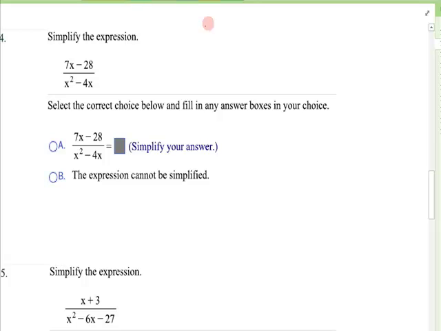Let's look at number 4. I have 7x minus 28 over x squared minus 4x. The numerator, I see a GCF of 7. If I factor out the 7, it goes into 7x x times. 7 goes into negative 28, negative 4 times.